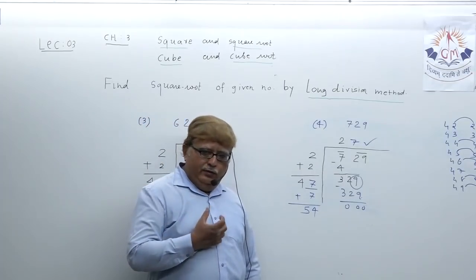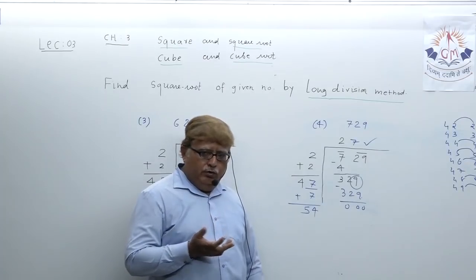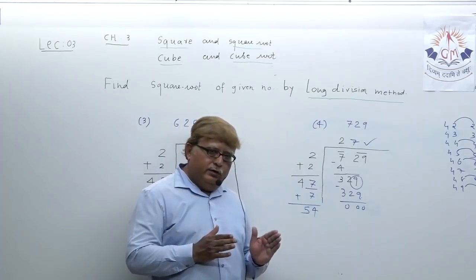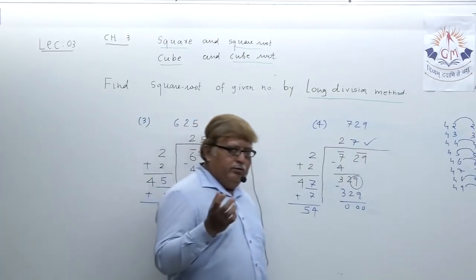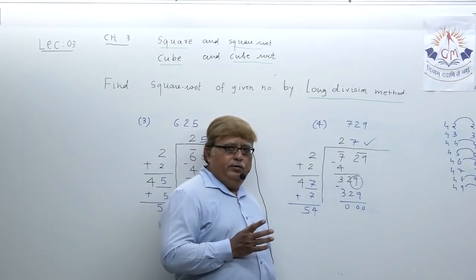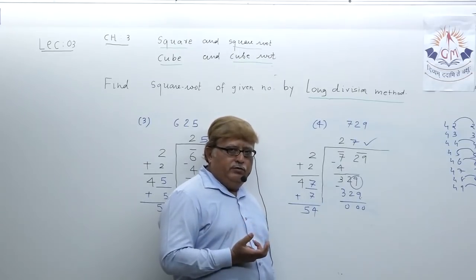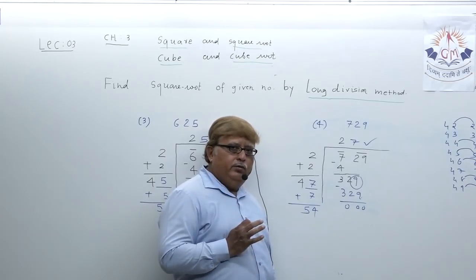Understand? And as I told you, you will be given homework for lectures 1 and 2 together, and lectures 3 and 4 together, because in lectures 3 and 4 we are going to continue the practice of the same concept, that is to find square root by the long division method.